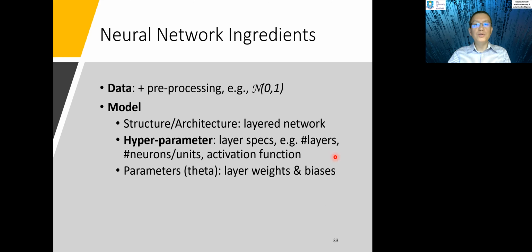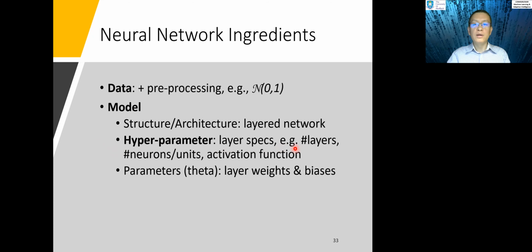Therefore, for a neural network, for the data, we still do standard pre-processing, but in batches. And the structure, or the architecture, is basically layered networks of neurons. These are interconnected neurons formed in layers. And there are several hyperparameters to set.